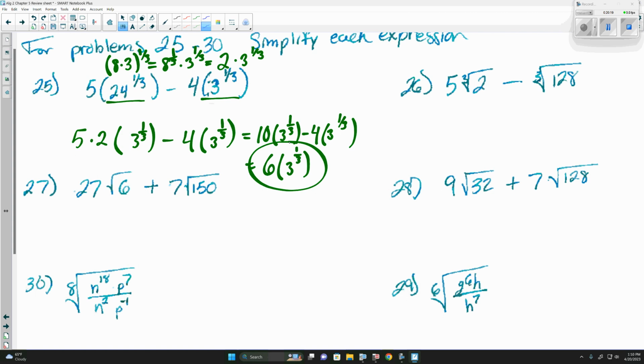Questions on this here? Now, if the radicals had already been the same, we just add or subtract the numbers in front and we're done.